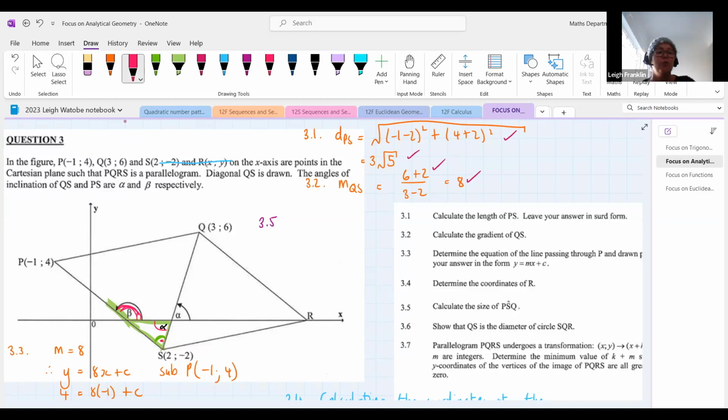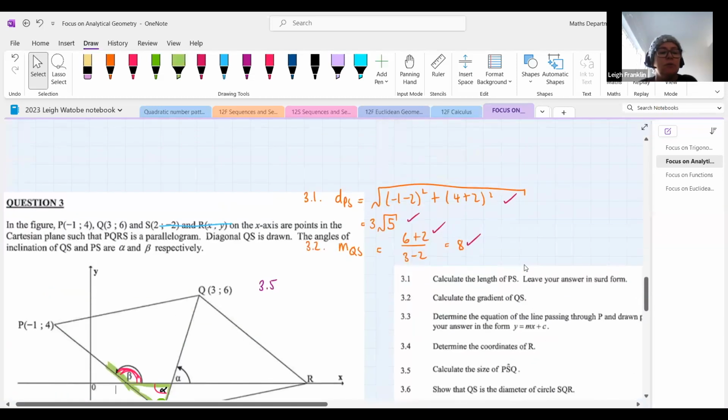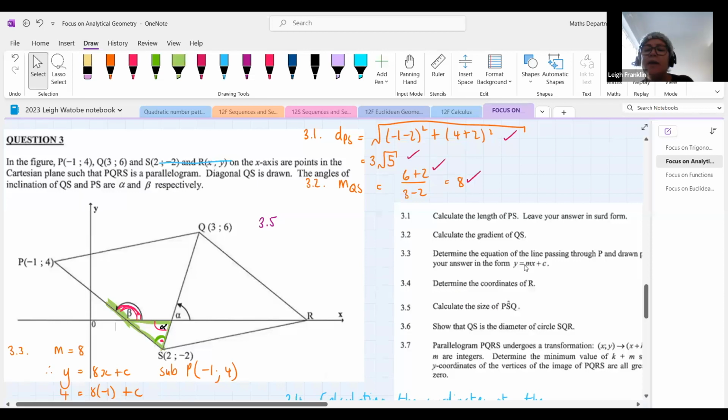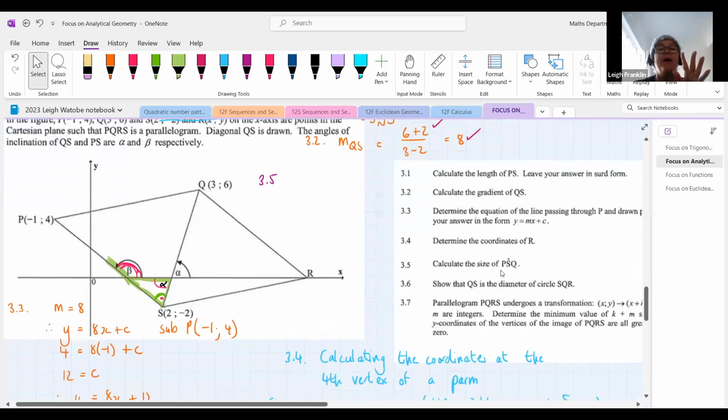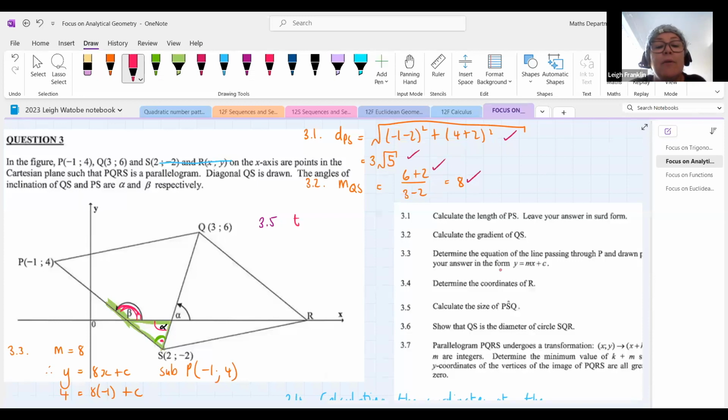Or actually, maybe I'm thinking about a previous question. Do we have beta? No, we've got PS, gradient. Okay, we don't, but that's fine. We can calculate it. So again, be careful if you are calculating angle alpha.